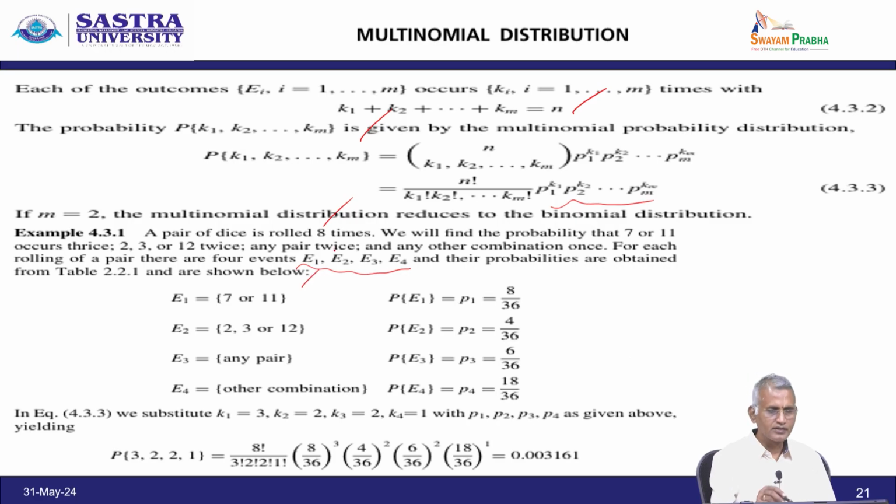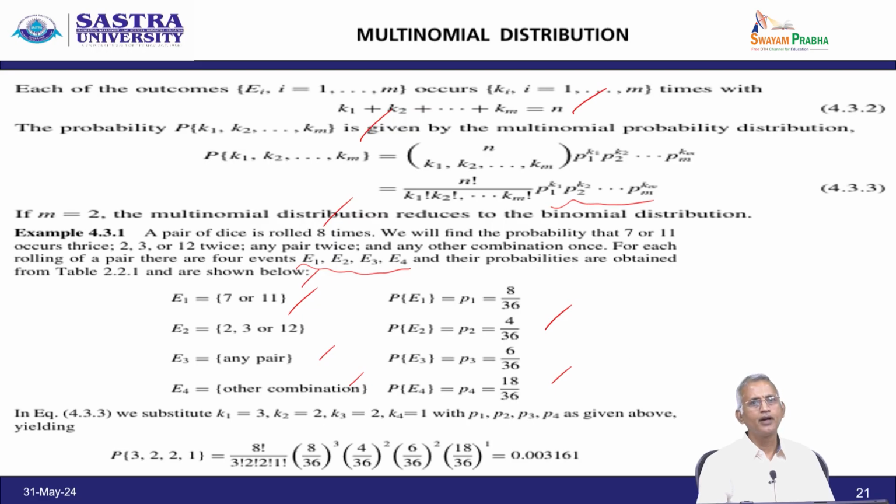E1 is either 7 or 11, therefore the probability of E1 is 8 by 36, because a pair of dice means 6 into 6, which is 36 outcomes in total. If event 2, 3 or 12 comes, the probability of E2 is P2 equal to 4 by 36, any pair gives P3 equal to 6 by 36, and any other combination gives P4 equal to 18 by 36.